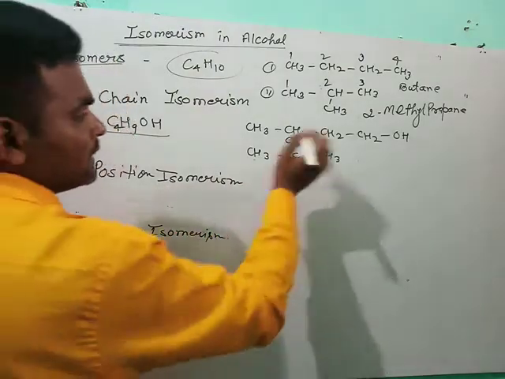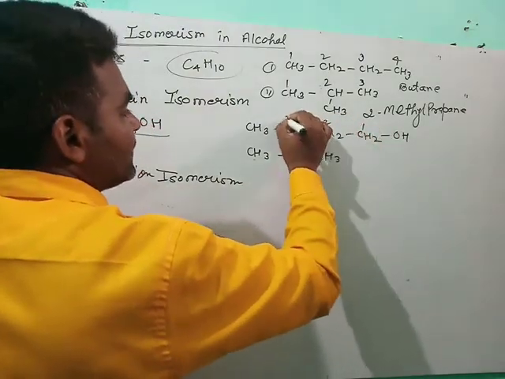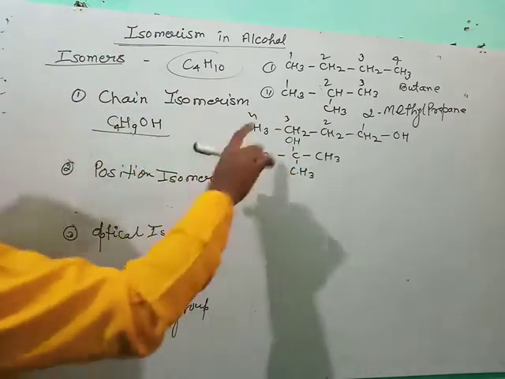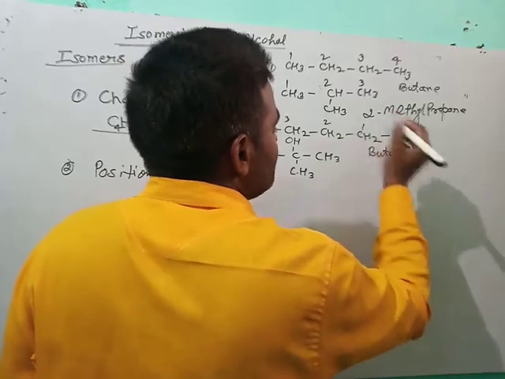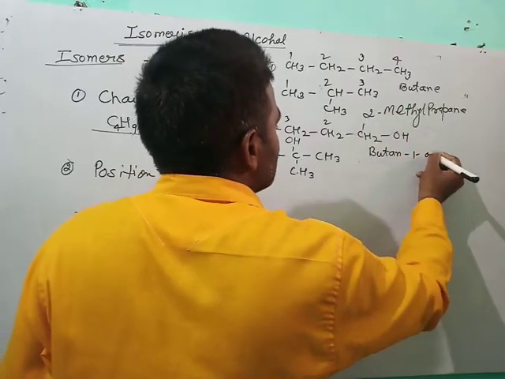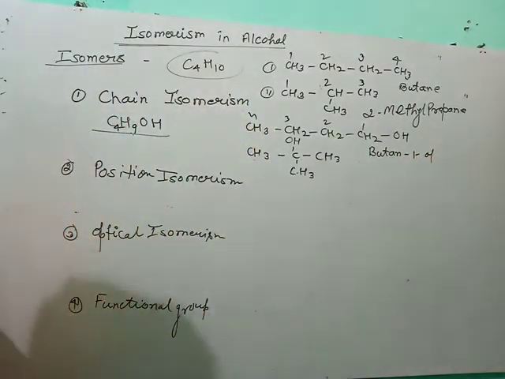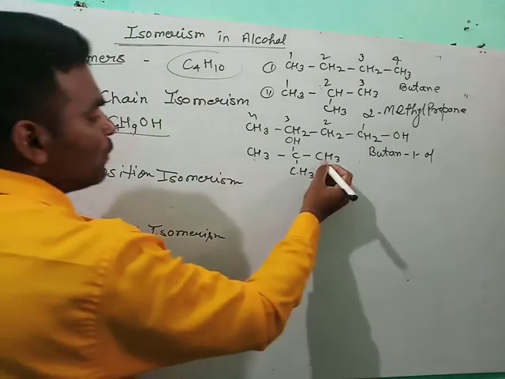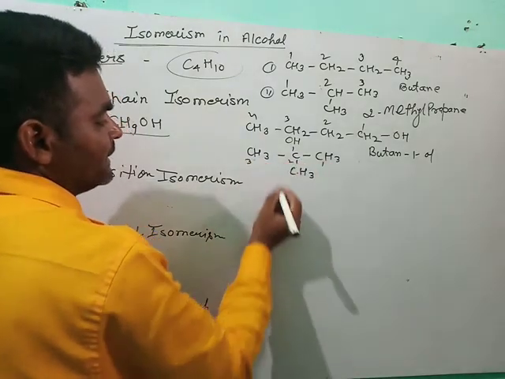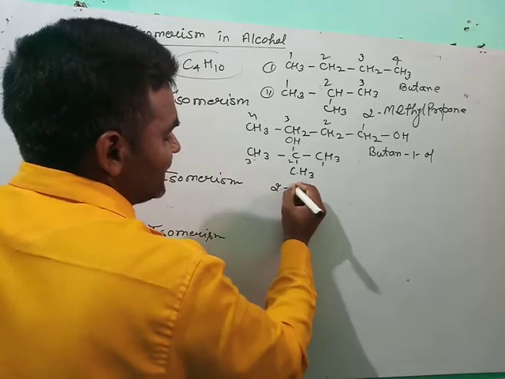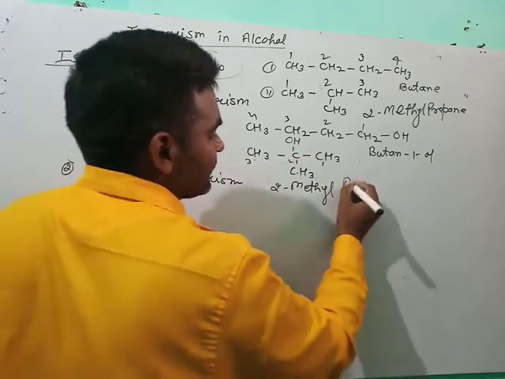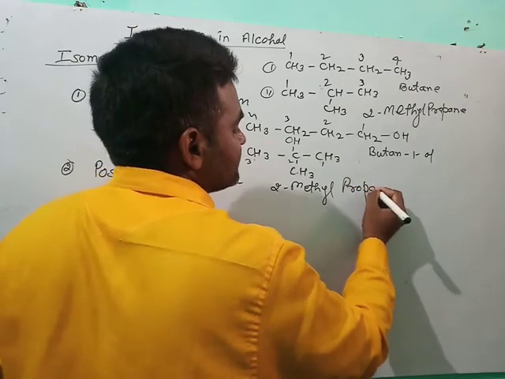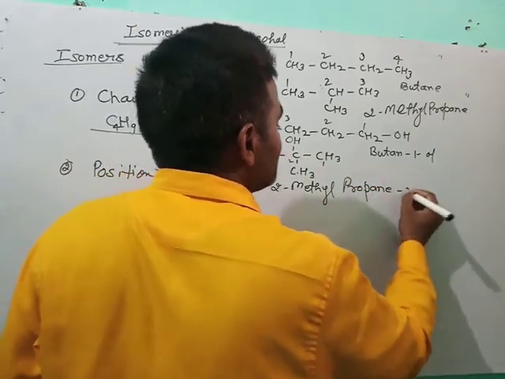Here 1, 2, 3 and 4 carbon. This is butane 1-ol, and this is 1, 2 and 3, 2-methyl propane 2-ol.